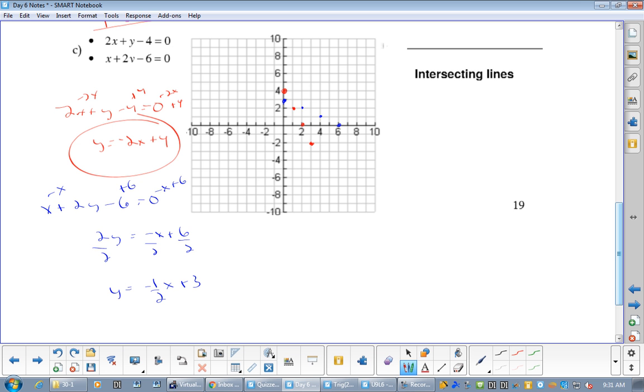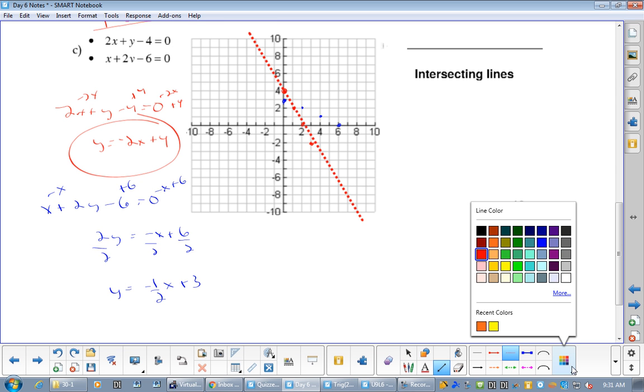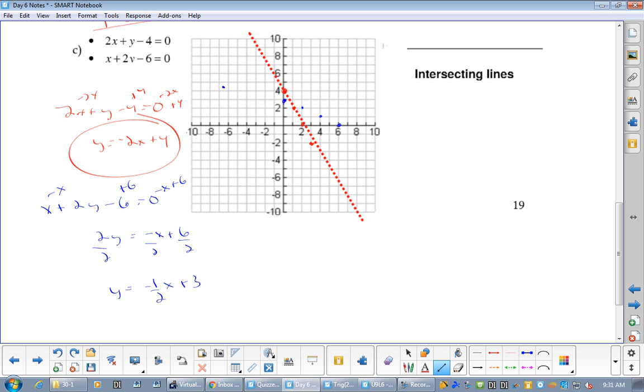Okay, so my red line is this. My blue line, whoa, I'm way off here.